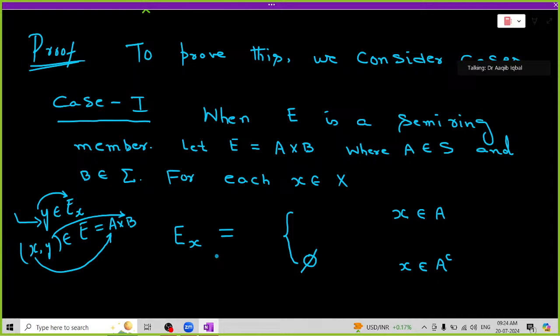If x is coming from A, y is coming from B, then the ordered pair xy must be coming from A cross B, which is E. So y is coming from the X section of E. So when x is coming from A, the X section of E, which is A cross B, will actually be B in this case. So these are the two possibilities for this X section.